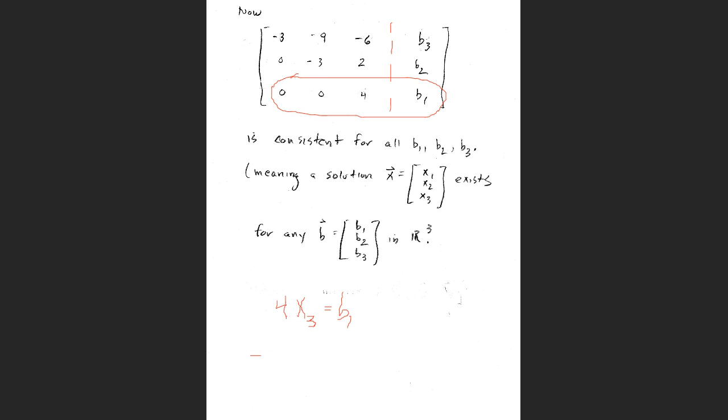Now the second equation reads negative 3x2 plus 2x3 equals B2, right? Keep in mind, we know x3 has some value. Given that, can we solve that for x2?